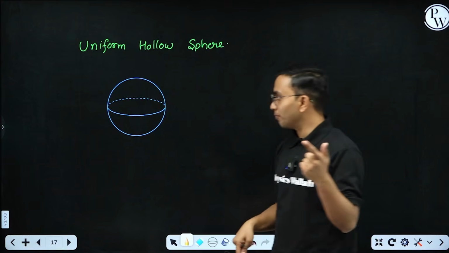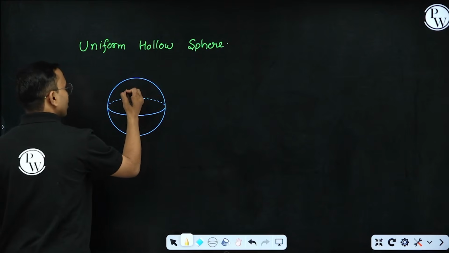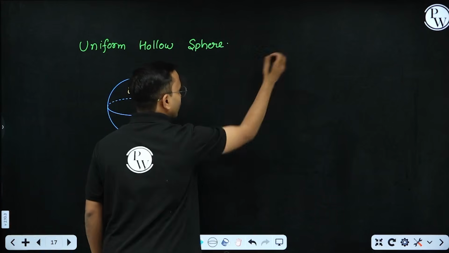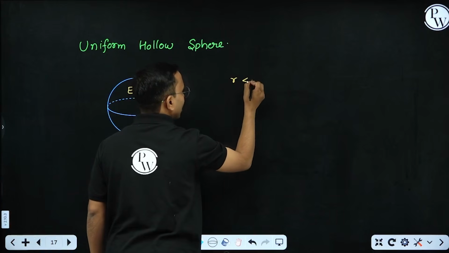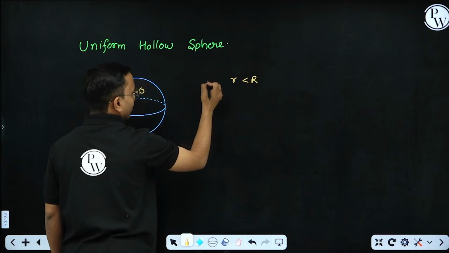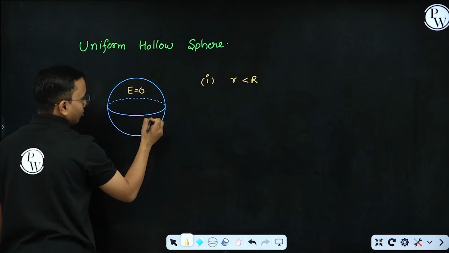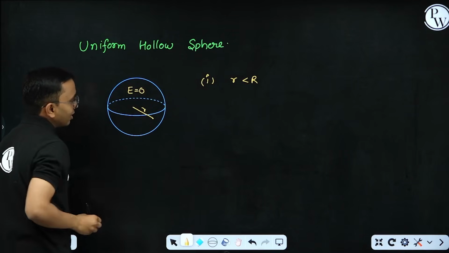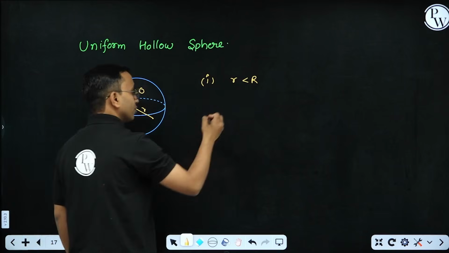You remember that formula? Okay. So inside, the field is 0. For the first case, take any point at a distance r from the center which is less than the radius R. There the field will be 0.